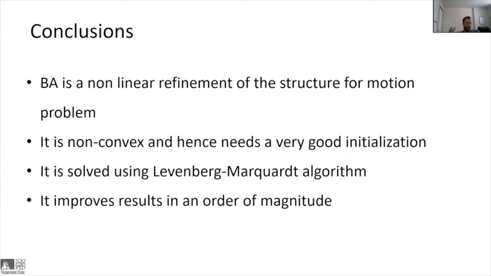The packages that exist today solve it with Levenberg-Marquardt, and it improves the solution by a lot. If some of you do some real application of structure from motion, you must use bundle adjustment to refine the solution. Otherwise, the solution is not accurate enough.